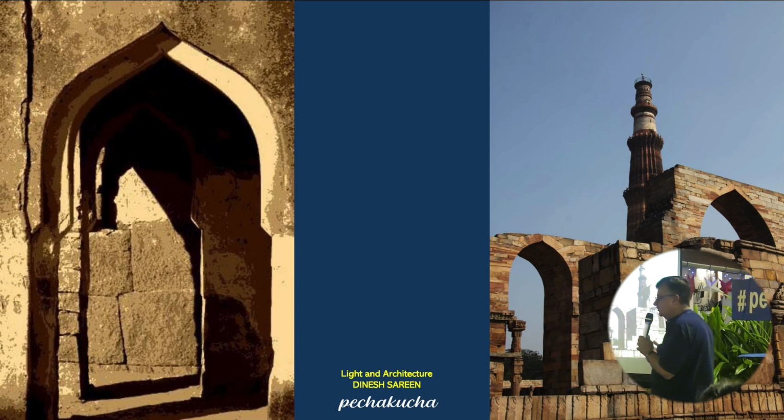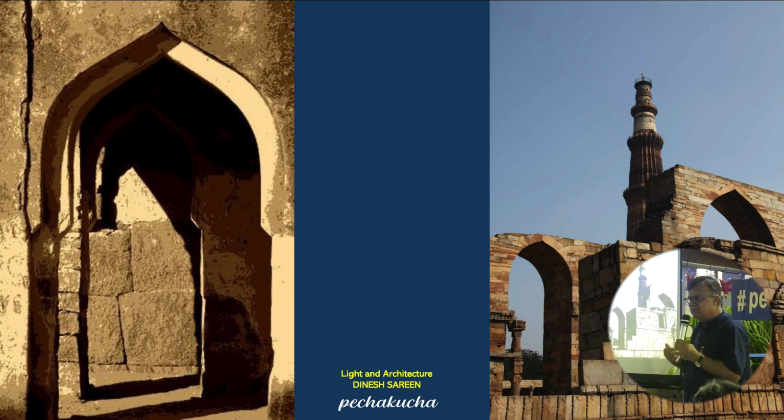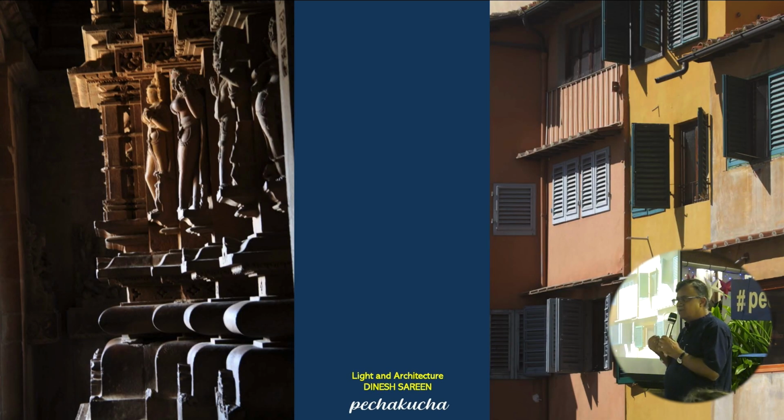And of course, through history, there are many examples, and especially with the Indian sun being what it is, very sharp. Architects had to find ways to soften that sharp sun on building surfaces. So shadow and texture all became very critical. So how do you tackle the sharp sun?